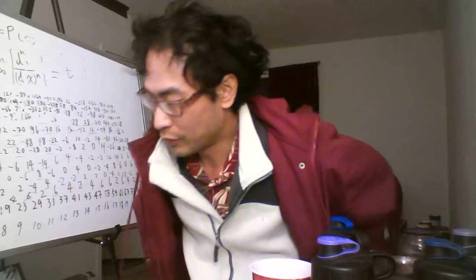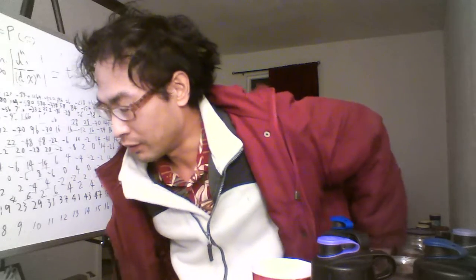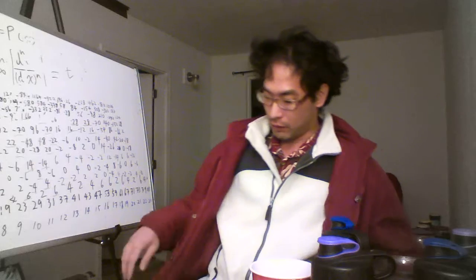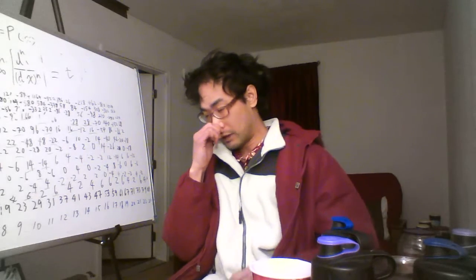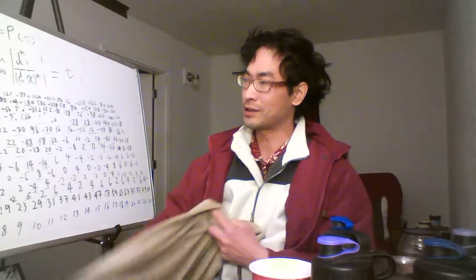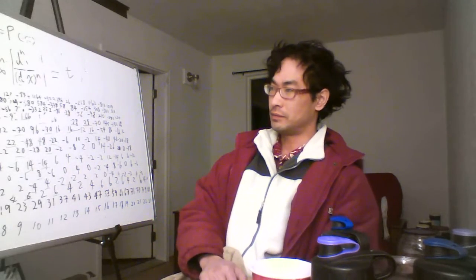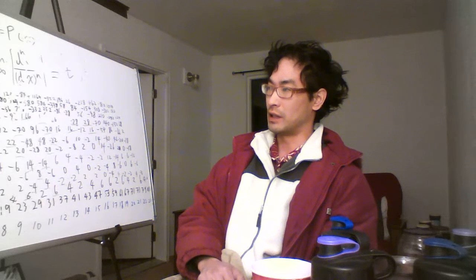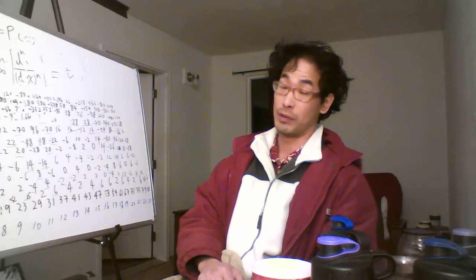Monsieur Polignac, a French mathematician, unfortunately, who died young in his 30s, came up with the flip side of Goldbach's conjecture. Goldbach's conjecture says any even integer can be expressed as the summation of two prime numbers.